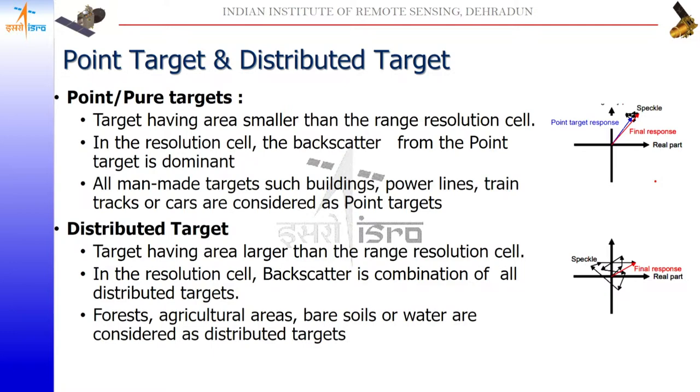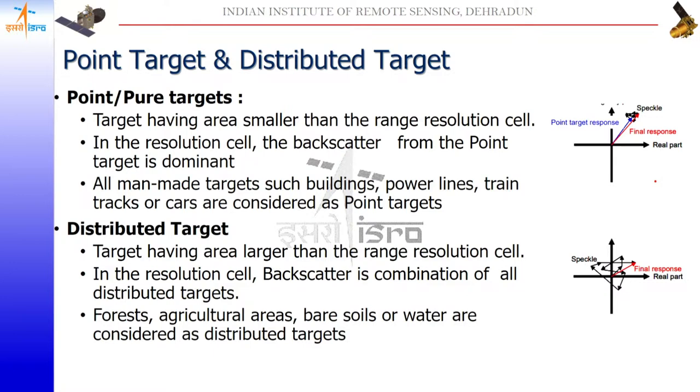So what we can do is consider point and pure targets and distributed targets. How can we define the point target and the distributed targets? If we have a very strong target like a building, where the area is smaller than the range resolution cell, it will dominate the full resolution cell.